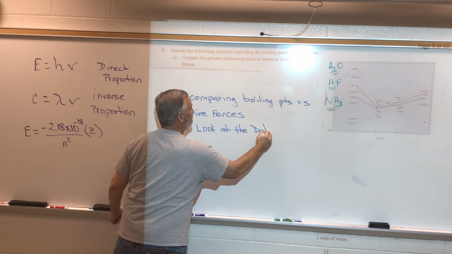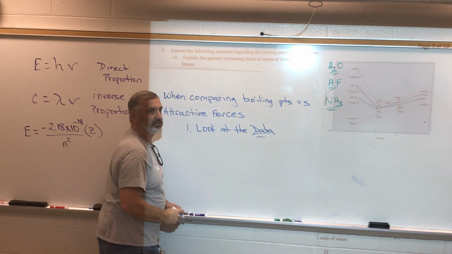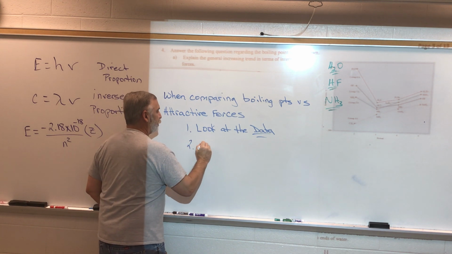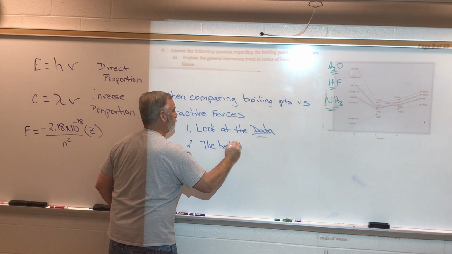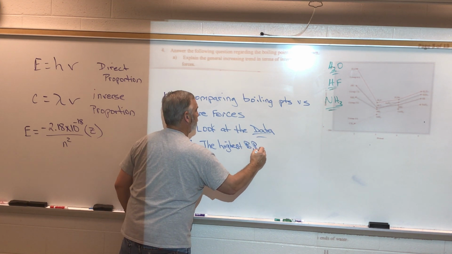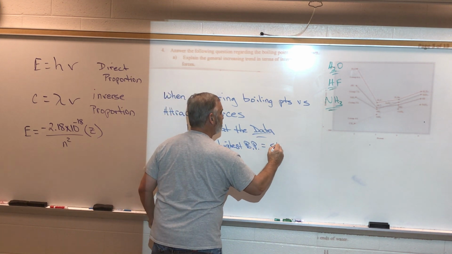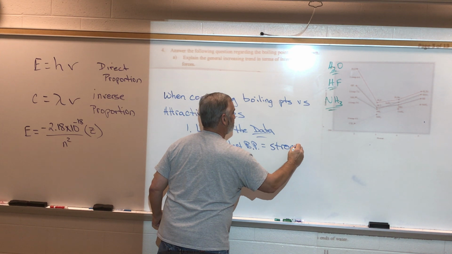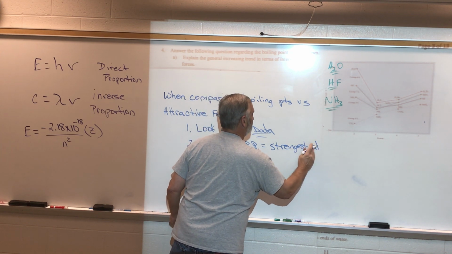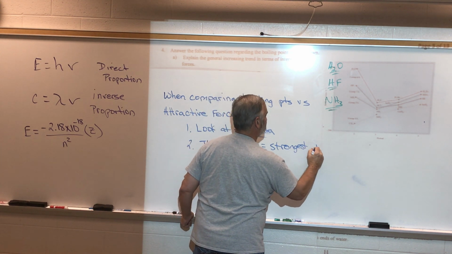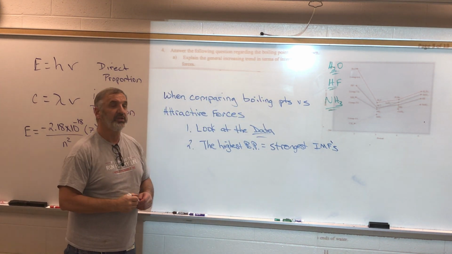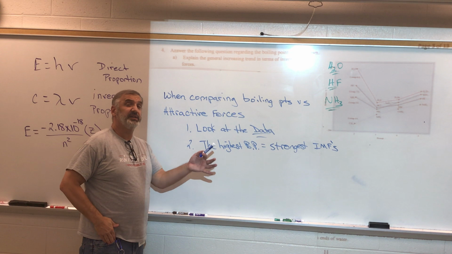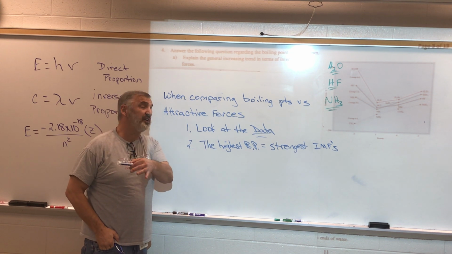They're always going to give you some data. Look at the data. The highest boiling point equals the strongest attractive forces, let's say IMFs. Now, we normally say LDFs are the weakest, and then dipole-dipole, and then hydrogen bonds.